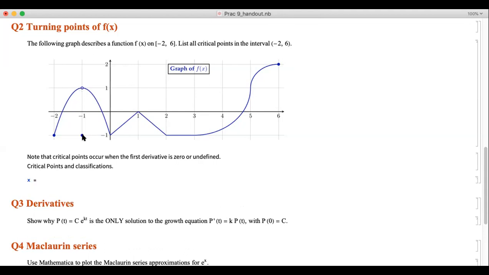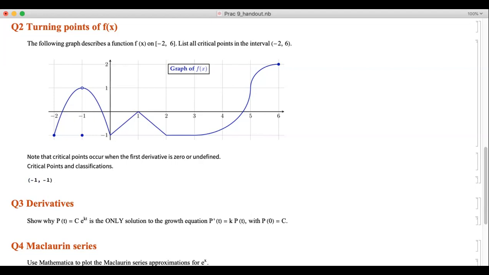The point is here, so it should be -1, -1. Okay? And 0, -1, yeah? So there is a critical point at x equals -1, -1.